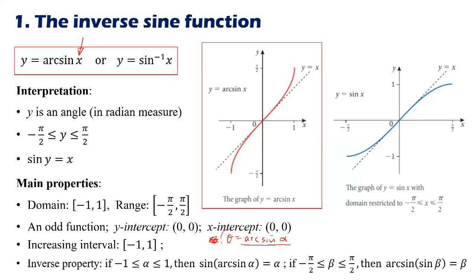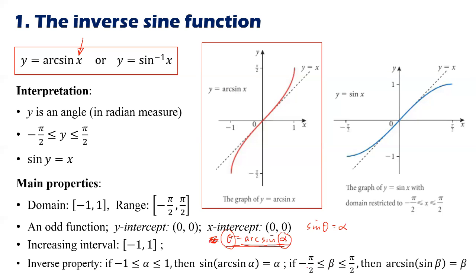So let's denote it with the letter theta. So if theta equals arcsine alpha, that means theta is an angle, right? And the sine value of this angle is alpha, right? So we have sine theta equals alpha. That means sine arcsine alpha equals alpha.